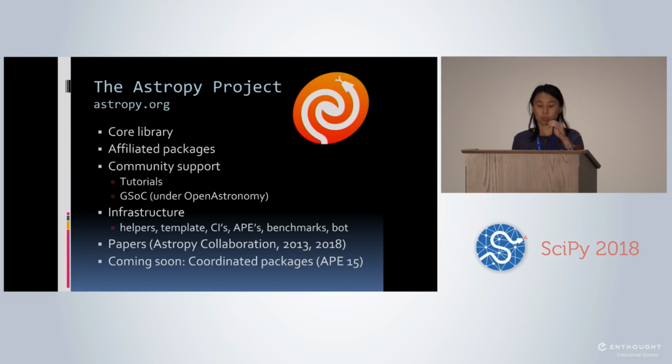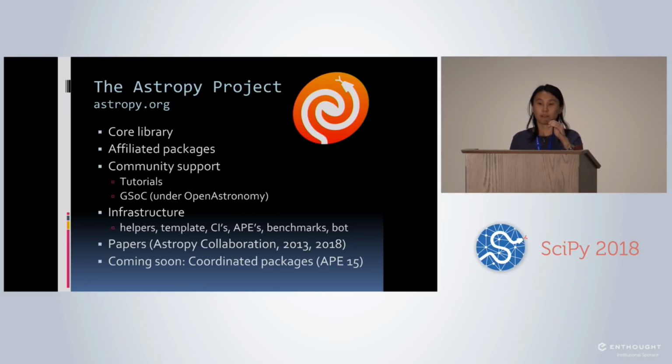And we also do a lot of community support. We have a whole repository focused on tutorials, how to use Astropy and affiliated packages to do science in astronomy. And we participate in Google Summer of Code under the OpenAstronomy umbrella. In fact, I think we have a few students doing that program right now for this summer.